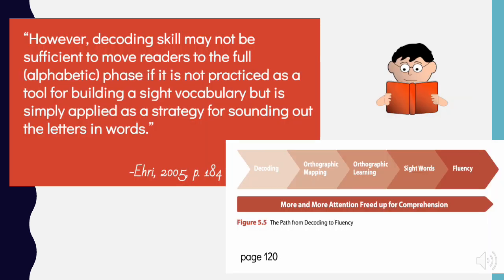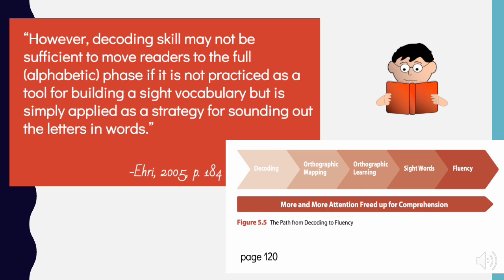So again, our authors, Jan and Carrie, really talk about decoding, that it might not be the skill that moves readers to the full alphabetic phase if it is not practiced as a tool for building a sight vocabulary.